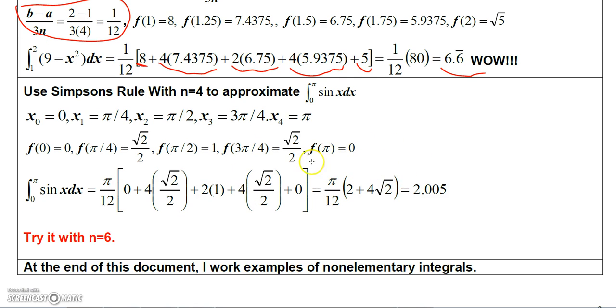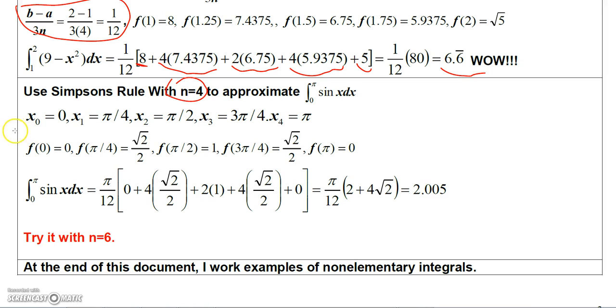Here's another example. What if I want to integrate sine x from 0 to pi using Simpson's rule? If I do n equal 4, first of all realize that pi over 4 would be delta x.